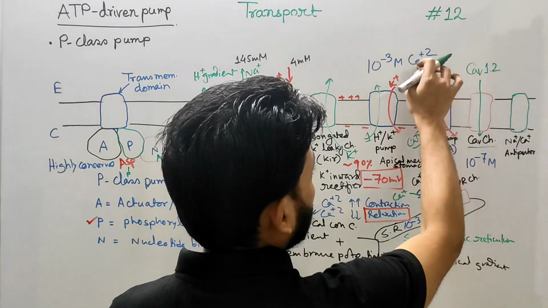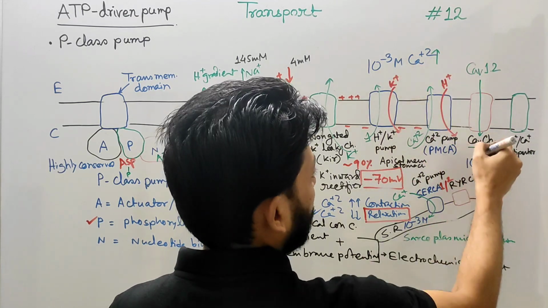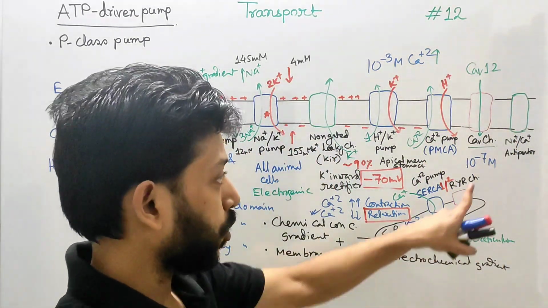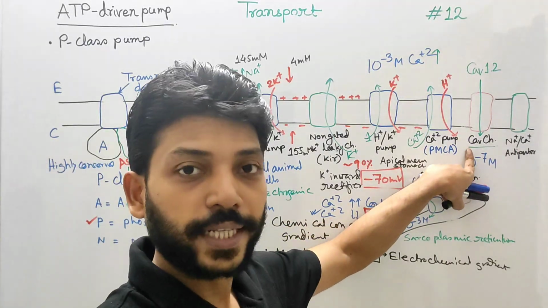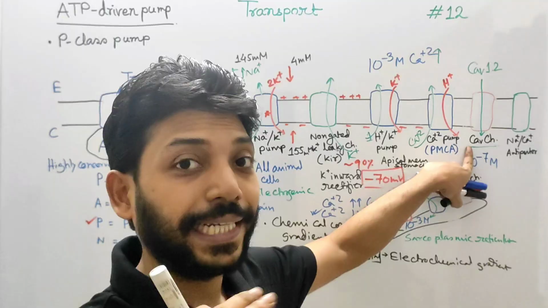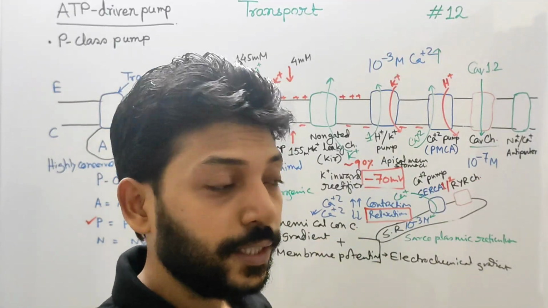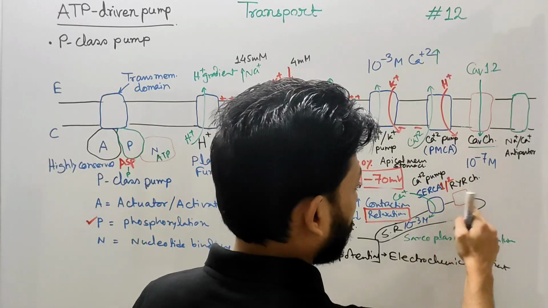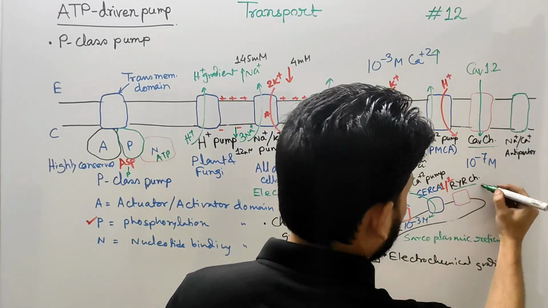Because the outside concentration of calcium is higher than inside, calcium will move from outside to the inside. But through the voltage gated calcium channels, in skeletal muscles and heart muscles, only a small amount of calcium is released. The major amount of calcium is released through the sarcoplasmic reticulum, and this is called the ryanodine receptor.